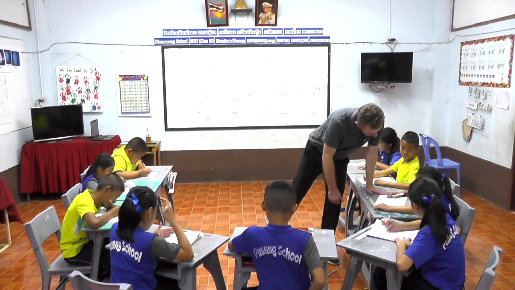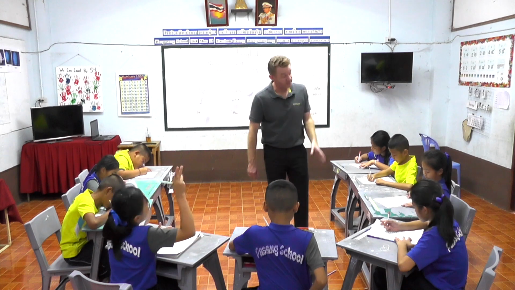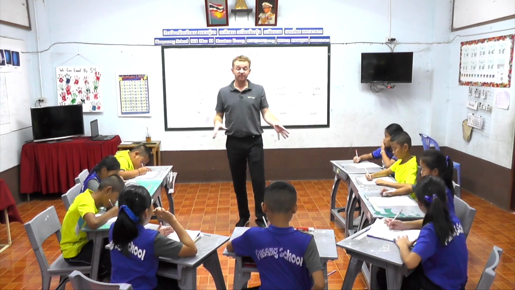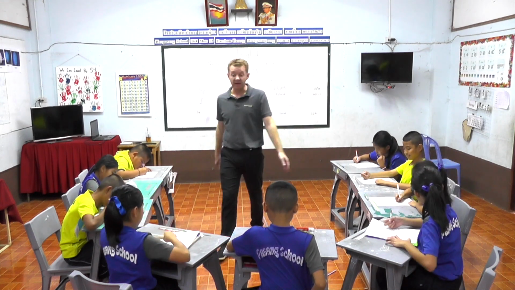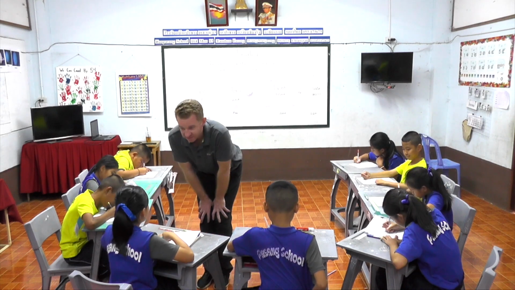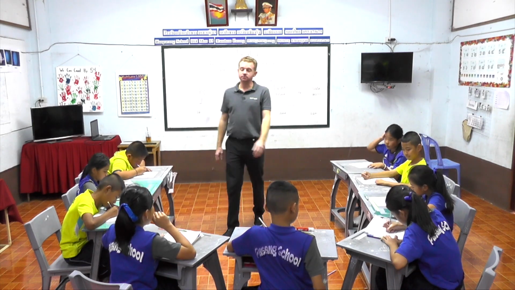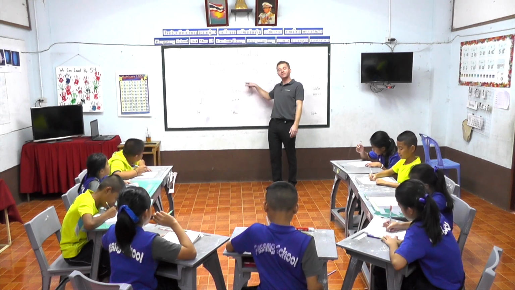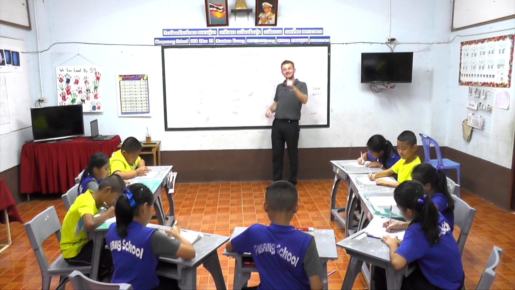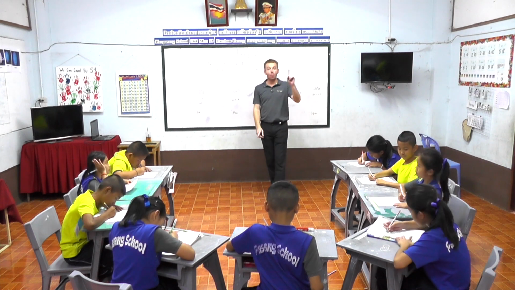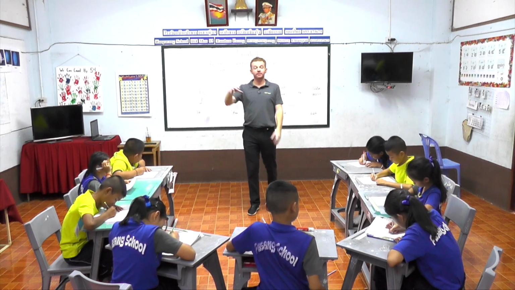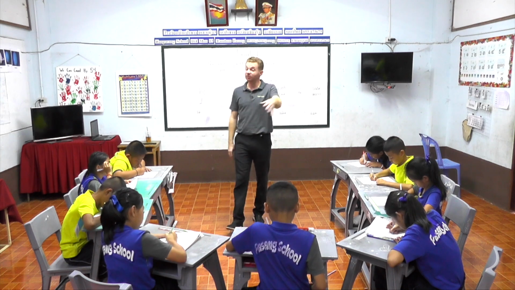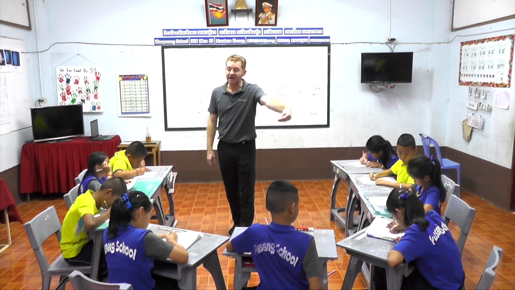Excellent. Well done. And then the second activity, we just need to change the verbs to the past tense. Mandy, so Mandy is the name of a person. If it's one person, do we say Mandy has or Mandy have? Has, yes. If we talk about one person, like teacher, Pak Bung, Mandy, Chu, we use has.